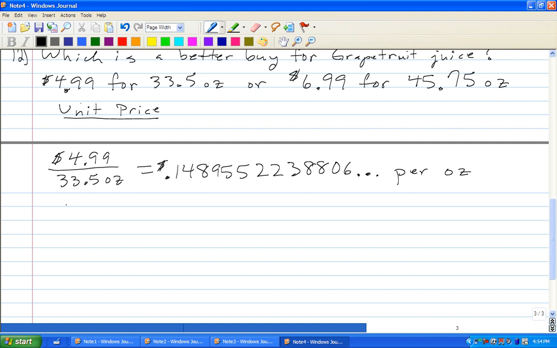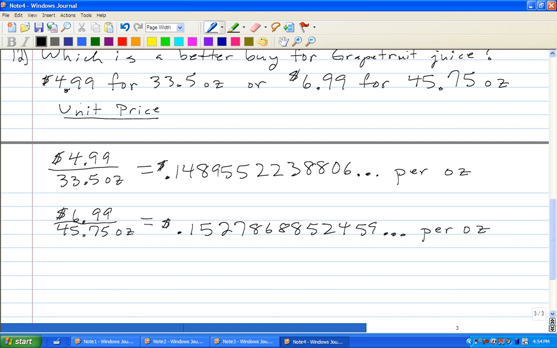Let's do $6.99 divided by 45.75 ounces. If I take 6.99 and divide it by 45.75, I get, let me do it in dollars, since I have it in dollars above, 0.152786852459, etc. per ounce.